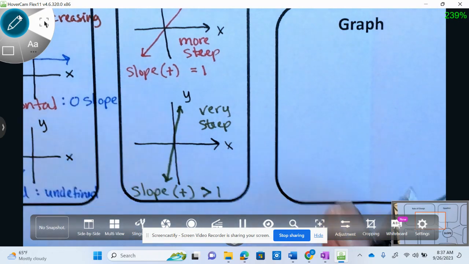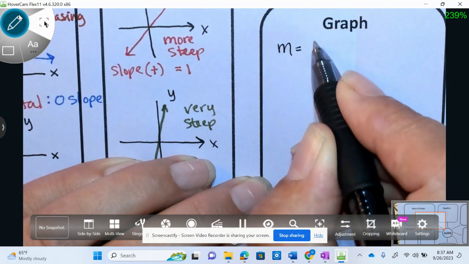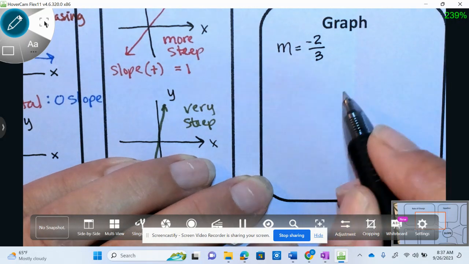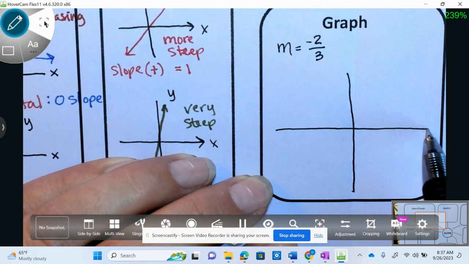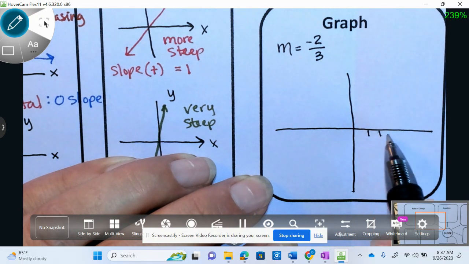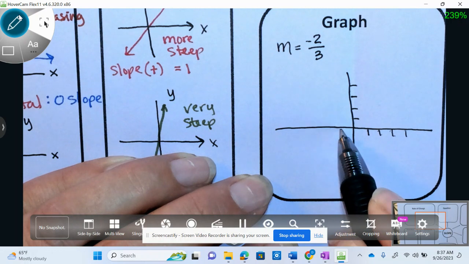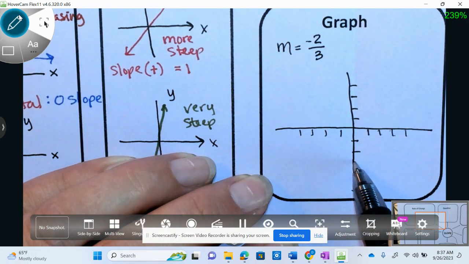Okay, let's sketch a graph really fast. Let's sketch a graph of a line that has a slope equal to -2/3. How are we going to do that? Well, I'm just going to put 4 little hash marks on each of my X and Y axes.